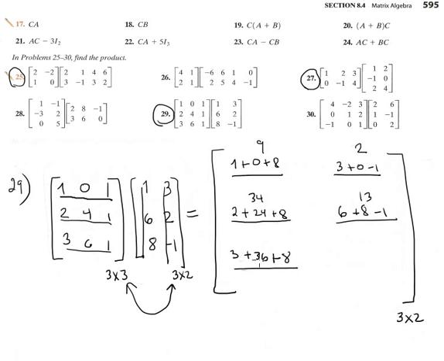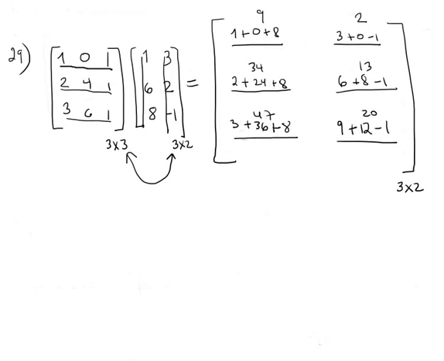The answer is 47. And the last is 3 times 3 is 9, plus 12 minus 1 is 20. The matrix is 9, 2, 34, 13, 47, and 20. Yes, 3 by 2. That's the answer.